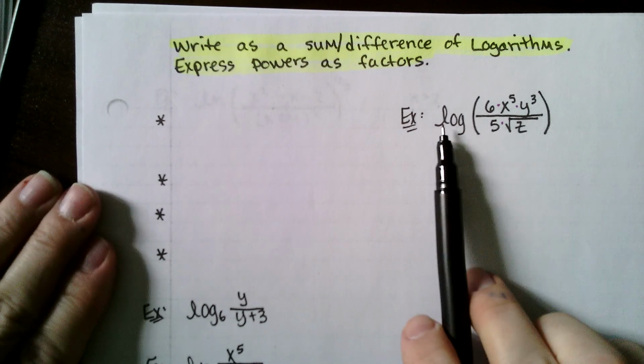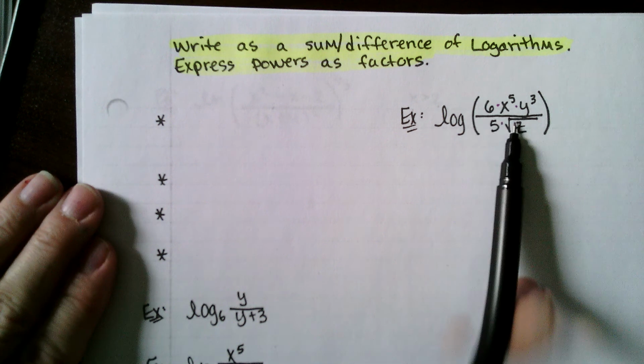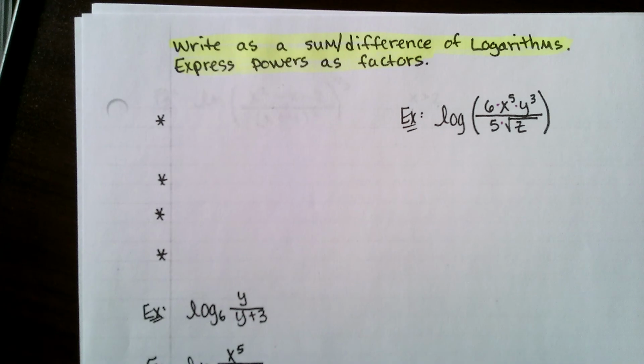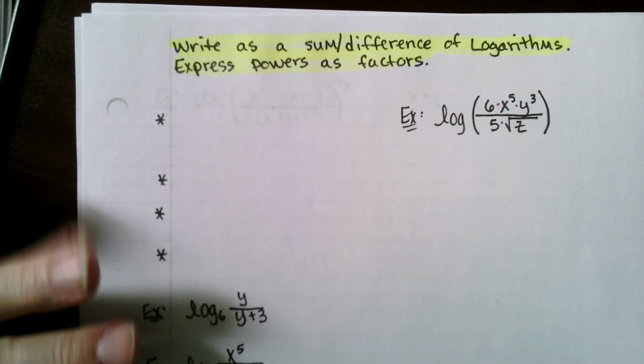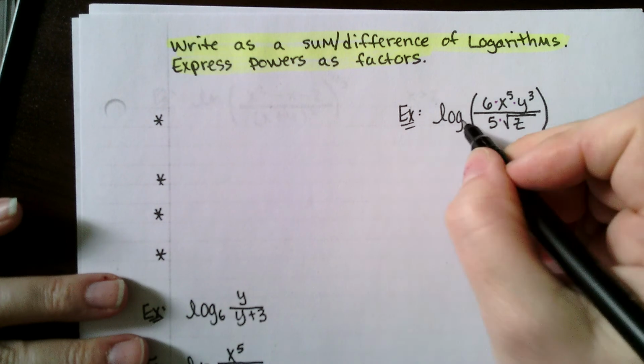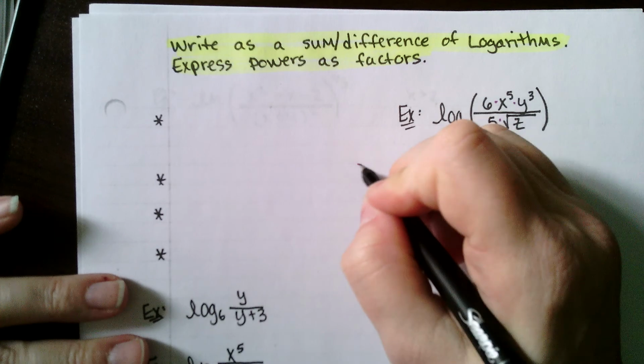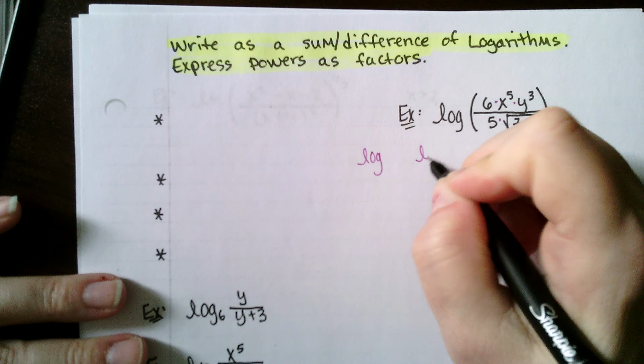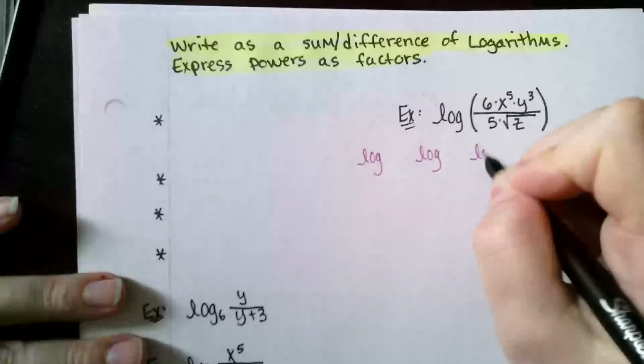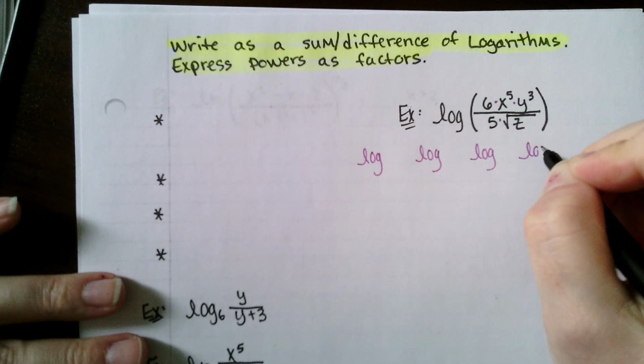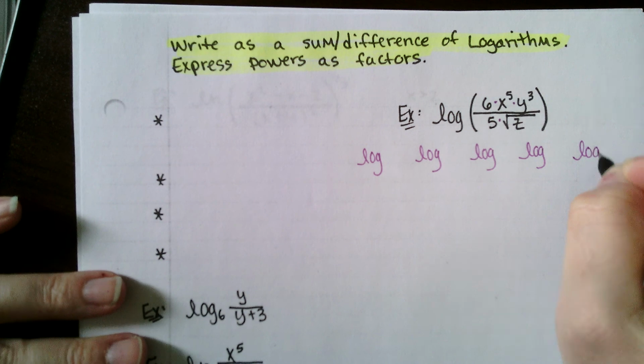So what I'm going to do is I'm going to move all 5 of these people into their own log homes. So I'm going to end up needing 5 separate logarithms, and they will all be of that same type. So log, log, log, log, log.